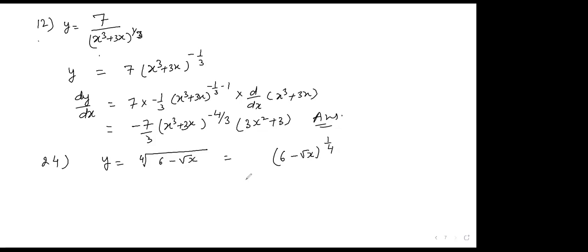Now it's time to differentiate it. dy over dx: take 1 by 4, the power, first, then write the given function 6 minus root x, then reduce the power by 1, and then multiply by the derivative of the given function.